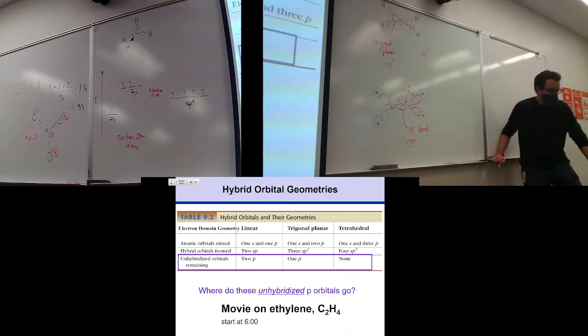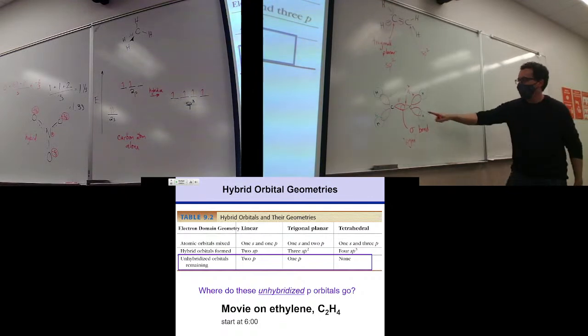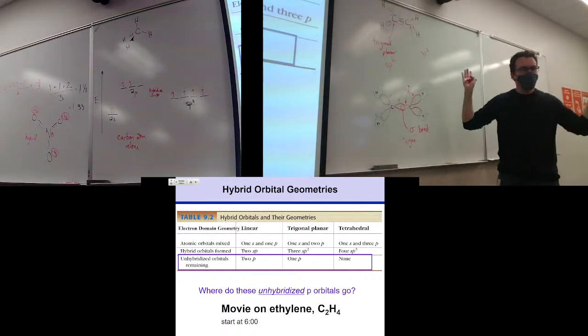And it's not a coincidence. Sigma bonds happen wherever there are single bonds. Okay? And sigma bonds are anytime you have this end-to-end overlap of orbitals. Another way to think of it is an overlap of orbitals in only one spot. So these two orbitals overlap in one spot only.